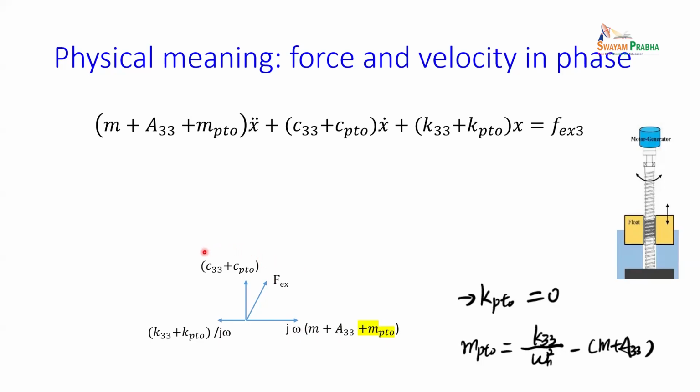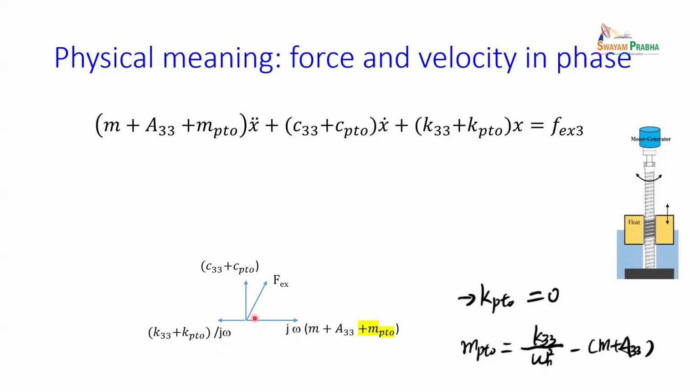If this is times velocity, if this times velocity, what will this be? Damping force, right? So then if this times velocity, this is inertial force, right? If this times velocity, what do you have? That is stiffness force. They have jω here, you have 1 over jω here, damping force.